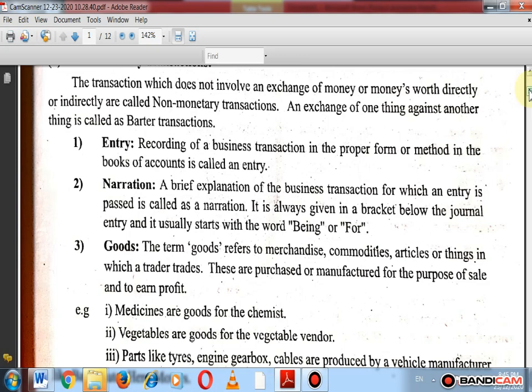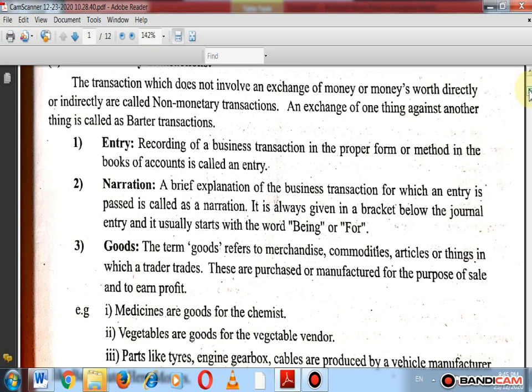So narration is a brief explanation of business transactions, given in brackets below the journal entry. After passing the journal entry, we write a narration below it in brackets, starting with being or for. For example, purchase of goods for rupees 15,000 on cash.